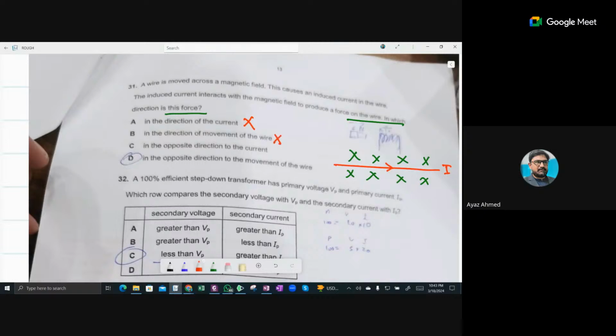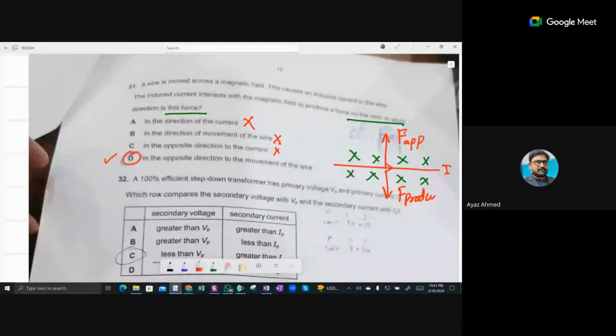No. In the opposite direction of the movement of the wire? Yes, because it is an induced voltage. The induced current always opposes the motion of the source which causes it. So if you are moving the wire, this is your applied force, then the force produced by the wire would be in the opposite direction.